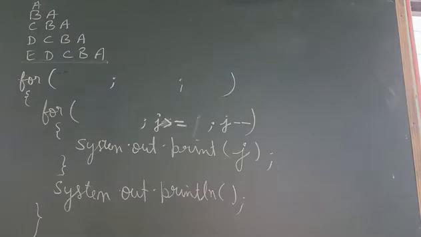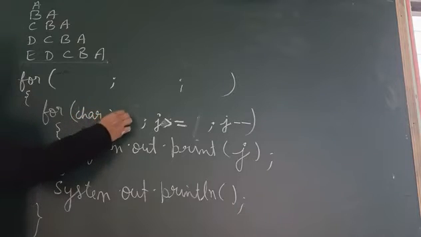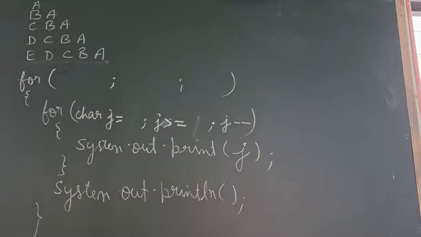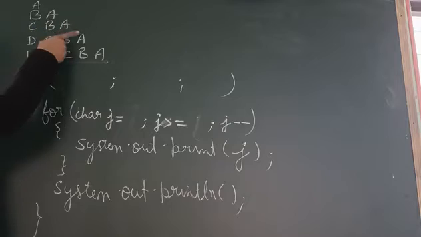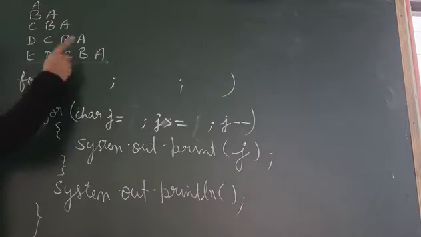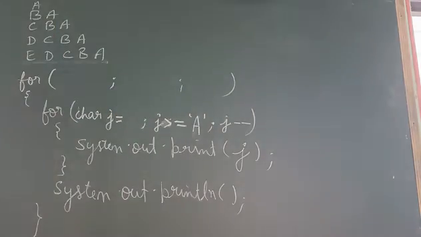Now, we also have to put the relation between your outer loop variable and the inner loop variable, and that relation will happen only at the initialization or at the condition. We have both places. The last value, just see, is A. For every line it is A, so the last value will be A here.